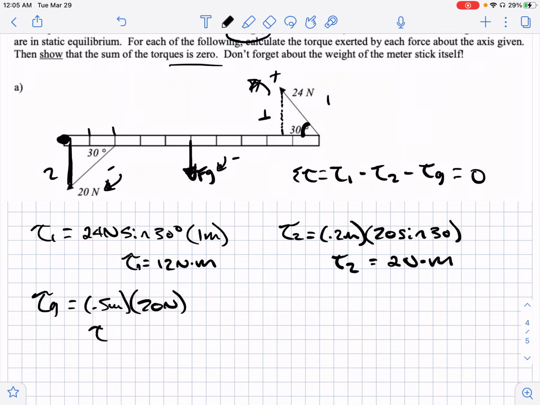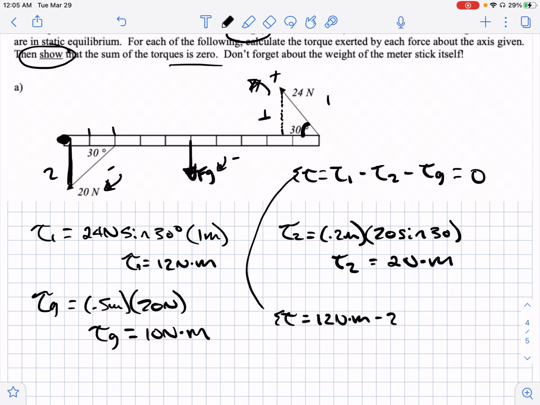So the torque caused from that gravitational force is equal to 10 newtons times meters. And lastly, we were showing that the net torque was equal to 0, so we're going to plug it back into this equation. Your net torque is going to equal 12 newtons meters minus 2 newtons times meters minus 10 newtons times meters. So my net torque is equal to 0.